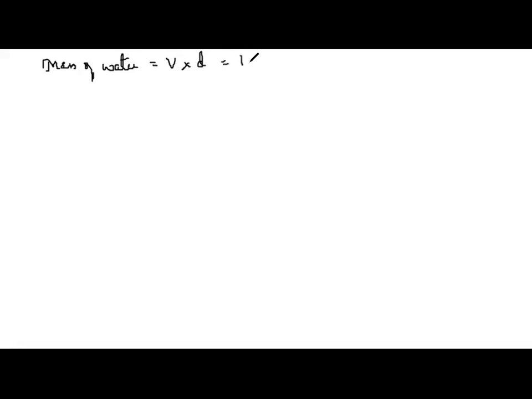So volume of water is 18. Mass of water is 18 into density is 1. So I get 18 grams. Okay. Molecules of water. How to find molecules of water? That is nothing but number of moles into Avogadro number.